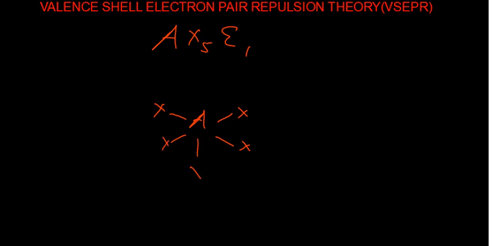And then we have another atom here. So this one has become a lone pair. But for the domain geometry, the domain geometry is still octahedral, which we can also say is a square bipyramid.